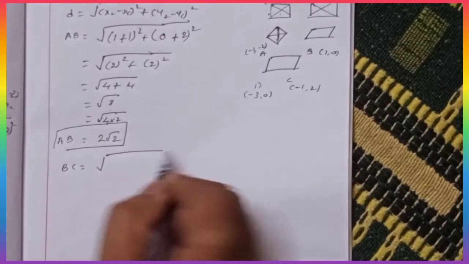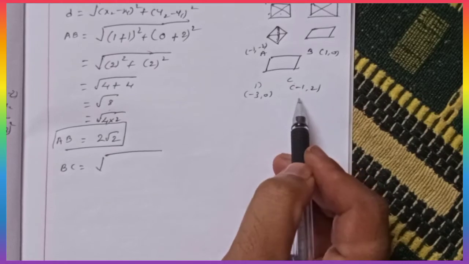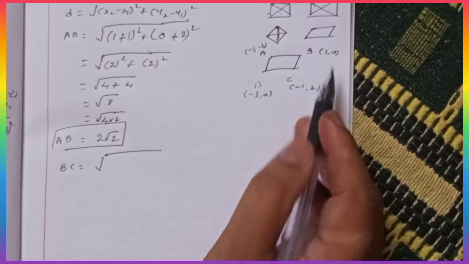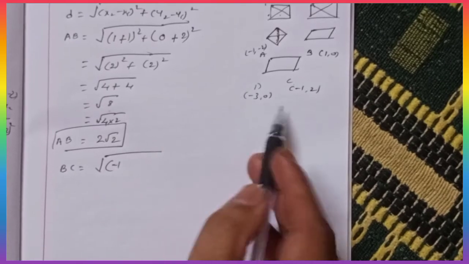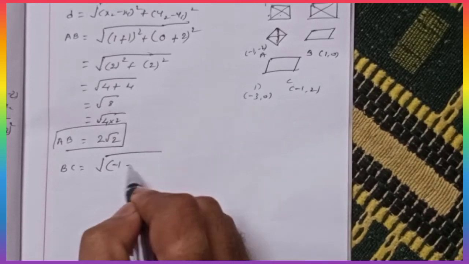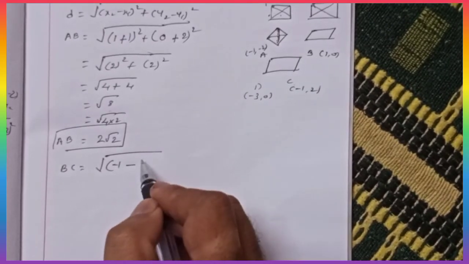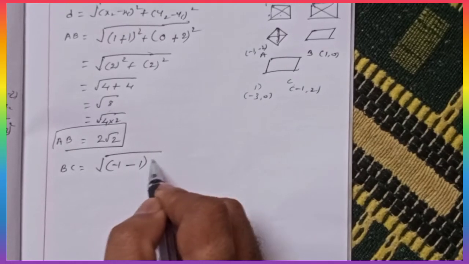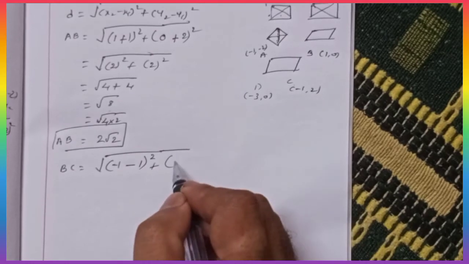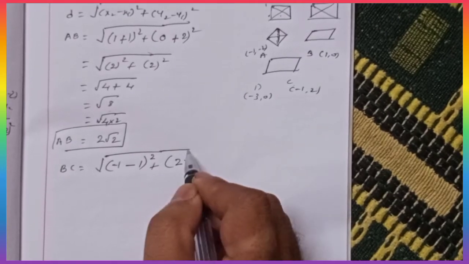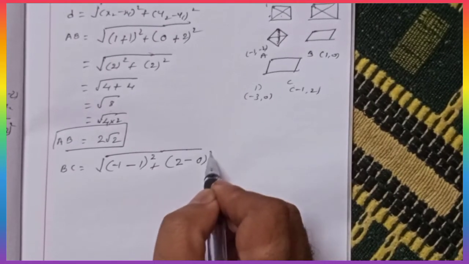BC is equal to, so C has the coordinate points x2, y2, and B has the coordinate points x1, y1. So the C coordinate point x, that is -2, minus the B coordinate point x, which is 1, whole square, plus (y2, 2, minus y1, 0) whole square.